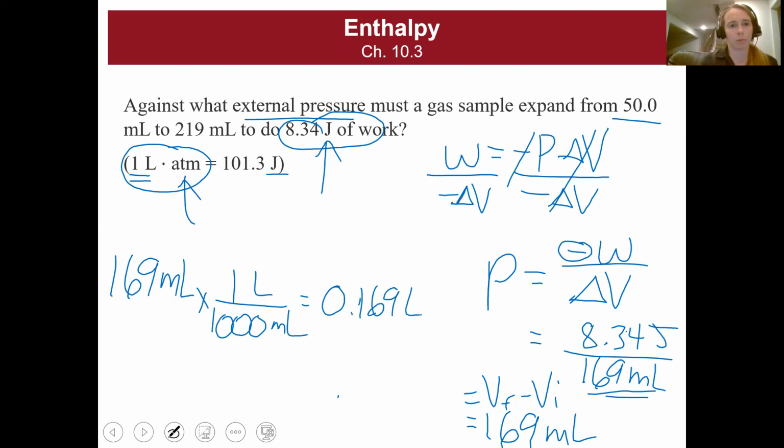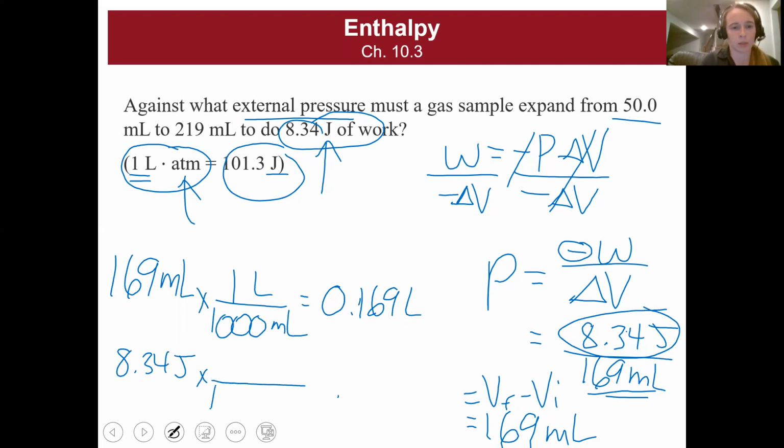And I'm going to convert my joules right now too. So we have our work, 8.34 joules, times a conversion factor.